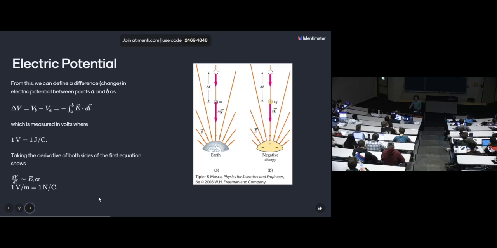Well, it's still dropped by 1 volt. You still have the same change in voltage. You still have the same current. We'll talk about that in a few weeks with Ohm's law. You have the same parameters so long as you have the same drop in potential across that resistor, right?